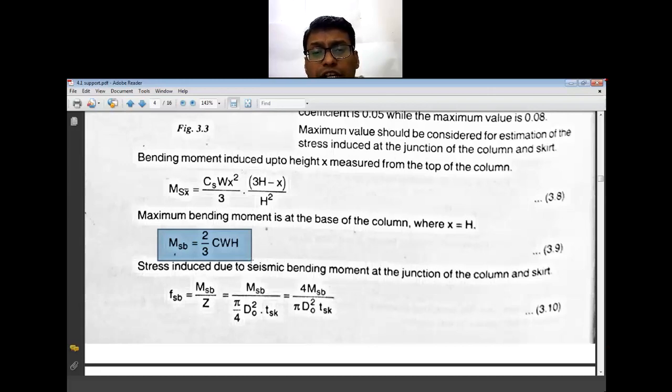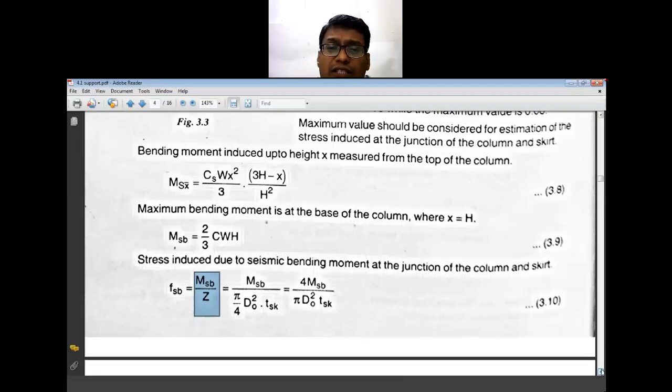And when it is gradually increasing, then it is 2/3 of the height from the bottom, or you can say 1/3 height from the top.